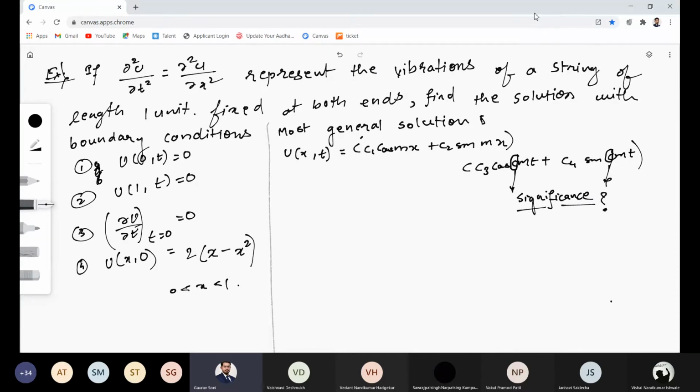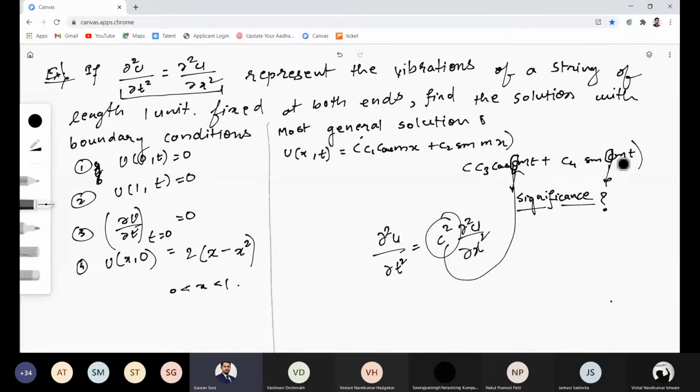So what we observe here is the value of C comes from the differential equation. If your differential equation is c² ∂²u/∂x², then this C comes here.